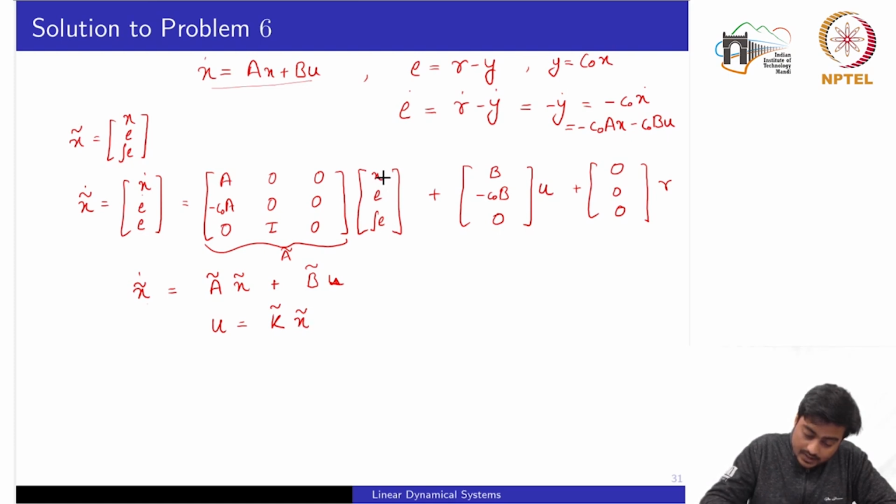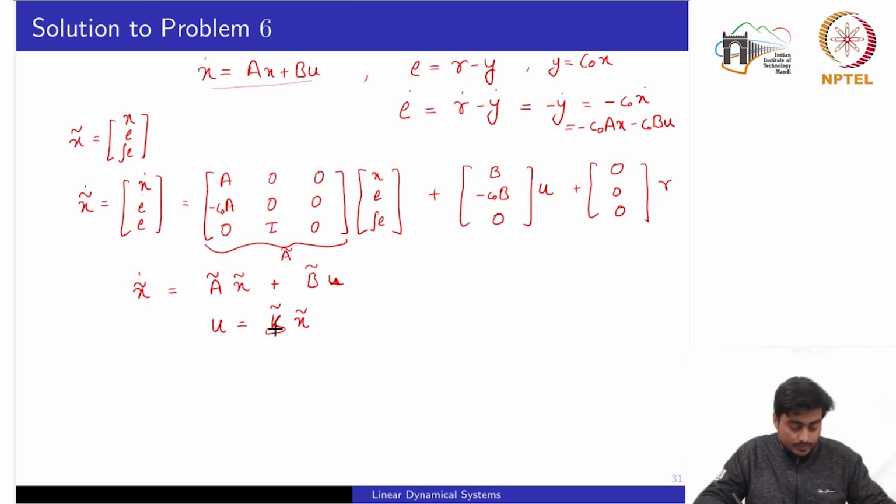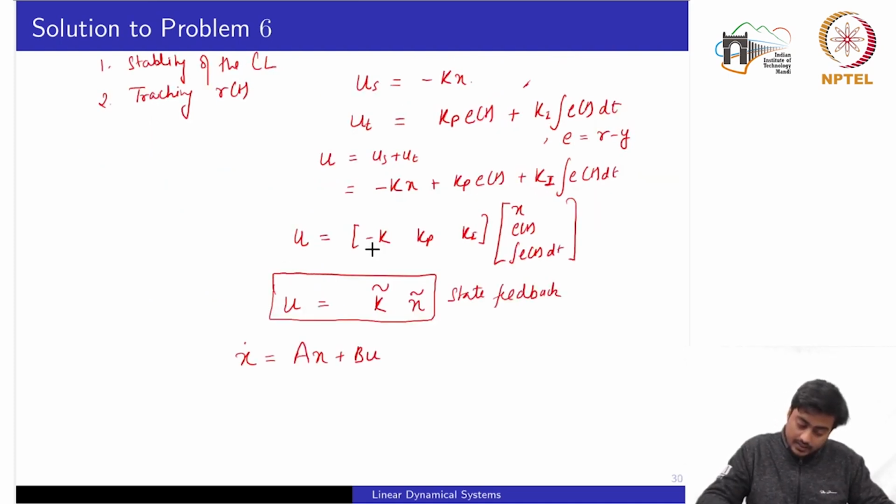So if we have x as 3-dimensional, e is 2, and the integral of e is 2, in total we would have 7 variables of this x tilde. So this is how we can compute this K tilde, and once we compute this K tilde, I can extract this K, KP and KI from this K tilde.